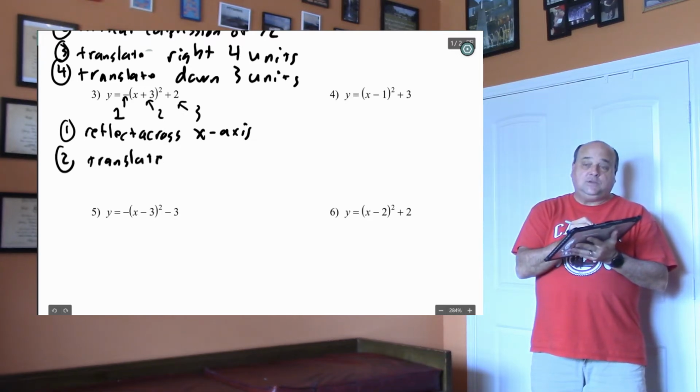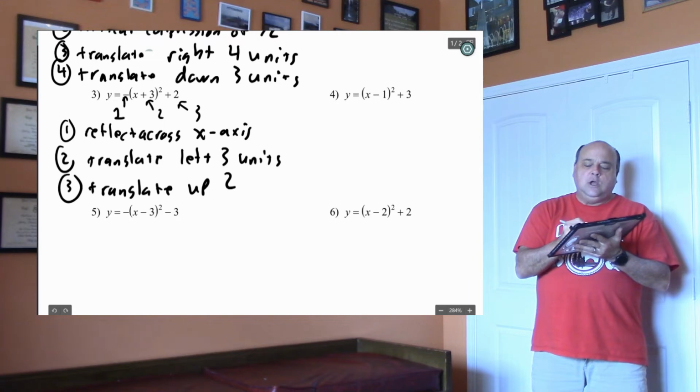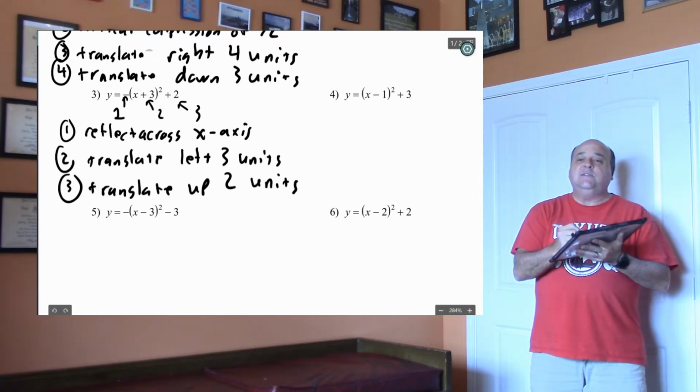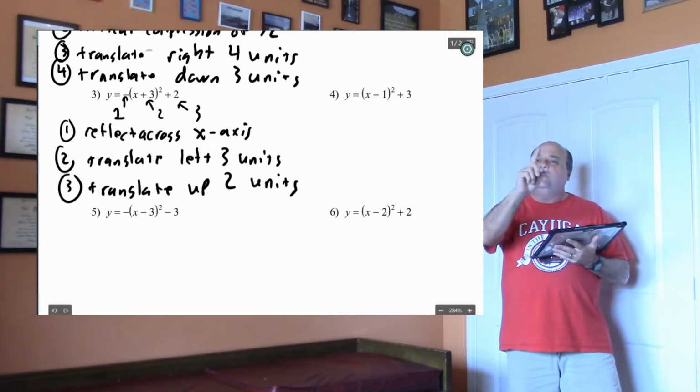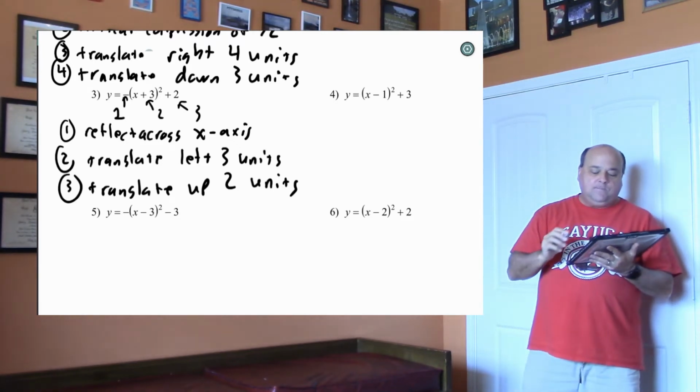The opposite of +3 is -3, so left 3 units. And then step 3, the +2, that's translate up 2 units. Remember, the h is flipped and the k is not. The number in the parentheses is flipped, but the k is not.